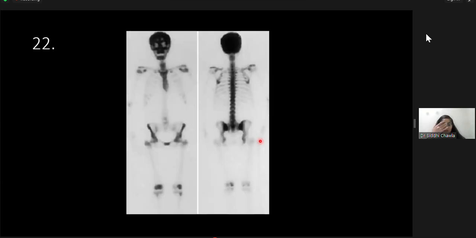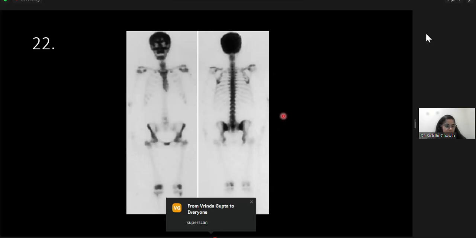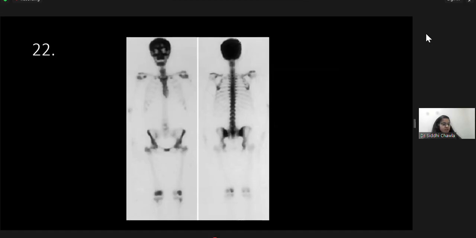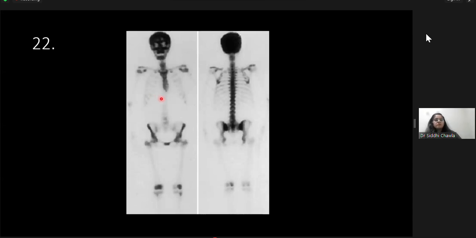So now we go to the next one. This is a bone scan. What do you see? Right. So this is a metabolic super scan. What does it tell us? In a normal scan, you are always able to see the kidneys, because that is an area of normal excretion.